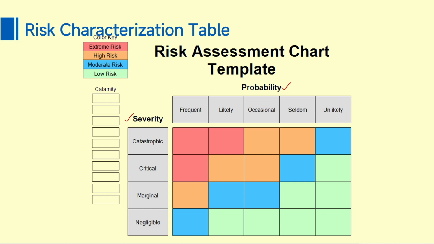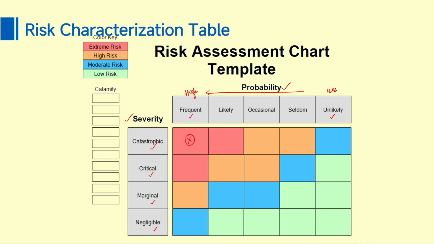So, as I said, it starts from negligible, marginal, critical and catastrophic, and on the probability side it is frequent to unlikely. So, unlikely in the sense the probability is very less, and when it goes on the left the probability is very high. Okay. So, when you consider a table like this, those risk comes under this point.